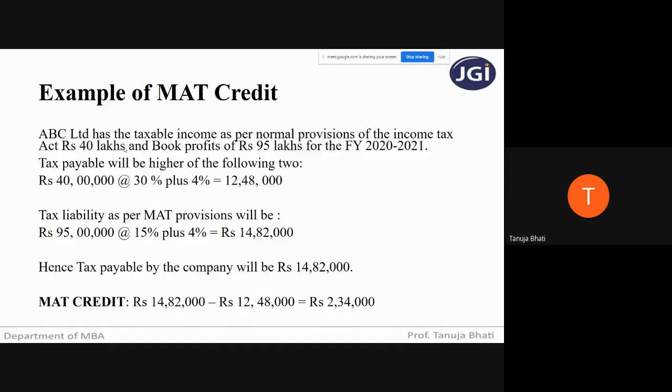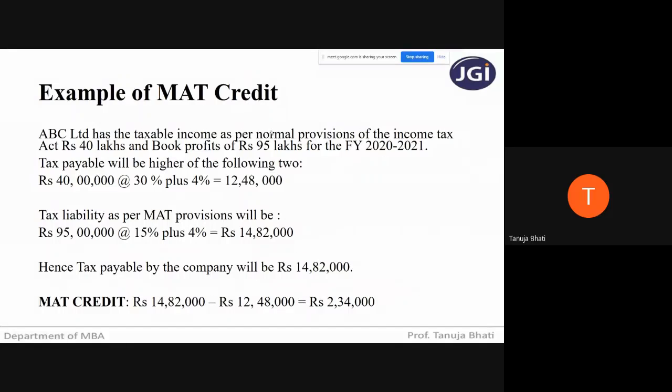You take all the heads of income, you get the gross total income, you subtract the deductions, and you get the taxable income. And book profits it has of 95 lakhs for the assessment year 2020-2021. Sorry for the error. Now, what should be the tax to be paid by ABC Limited?